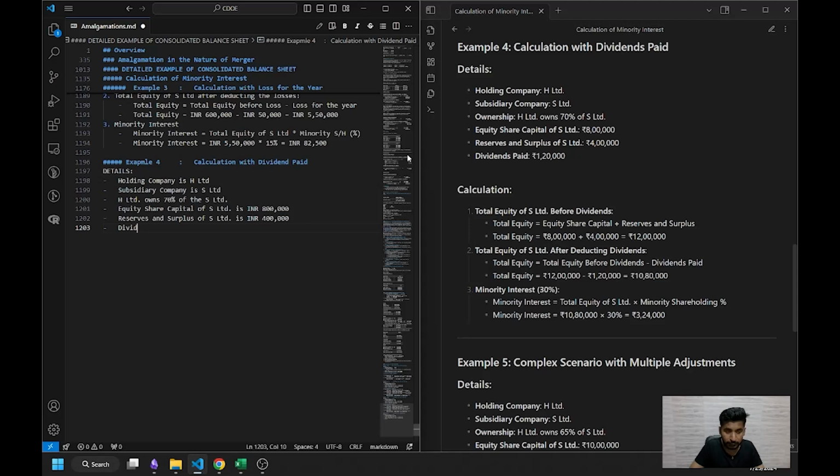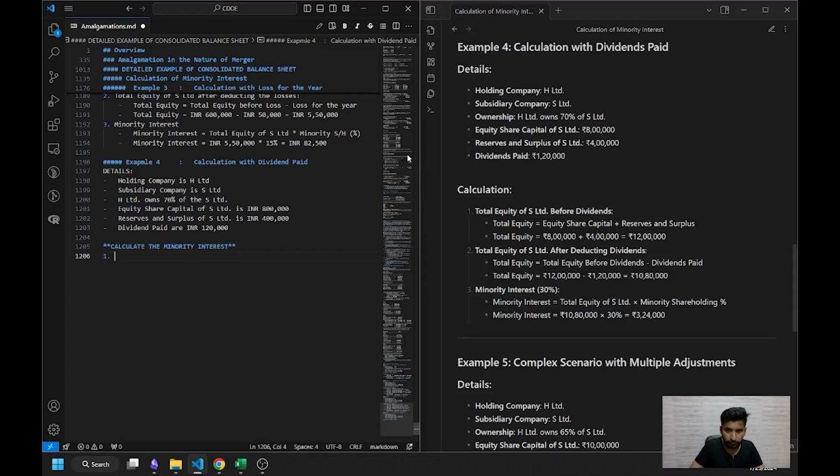The dividend paid is rupees 1,20,000. So basically, we have to calculate the minority interest.